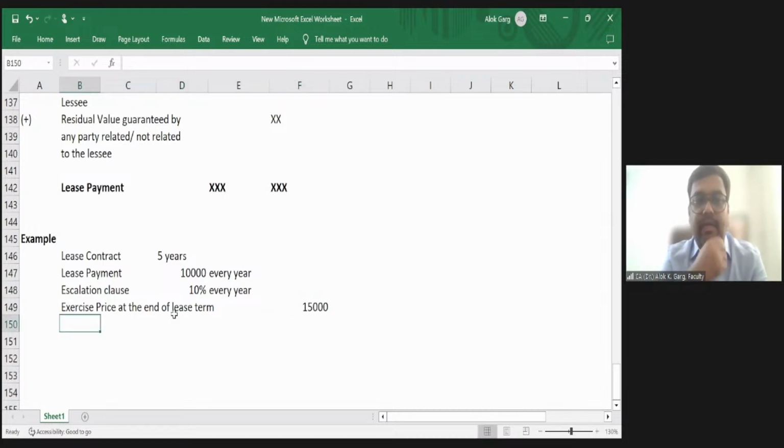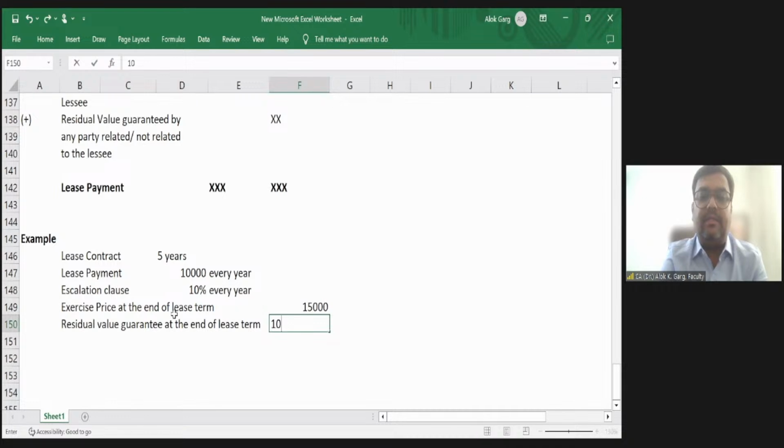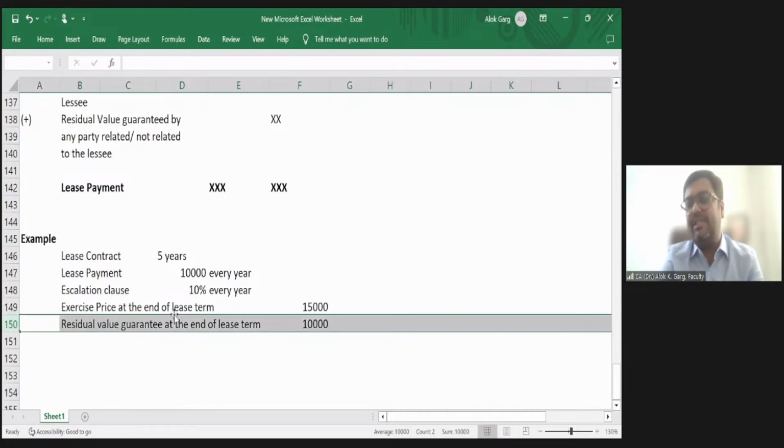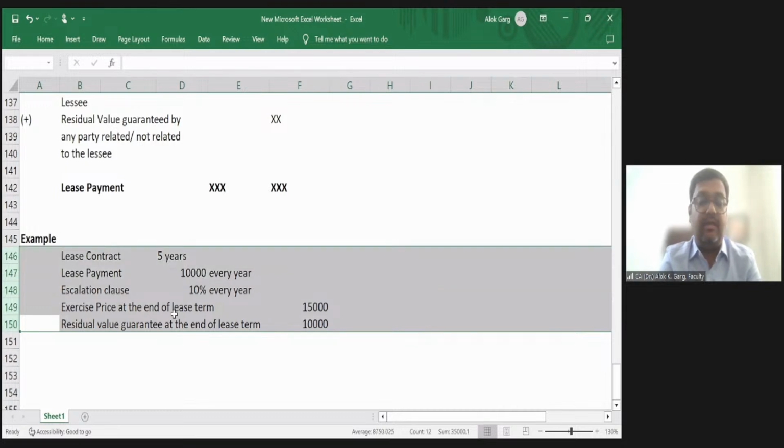And the residual value guarantee at the end of the lease term is 10,000 rupees, right? So this is what is given to the lessor.